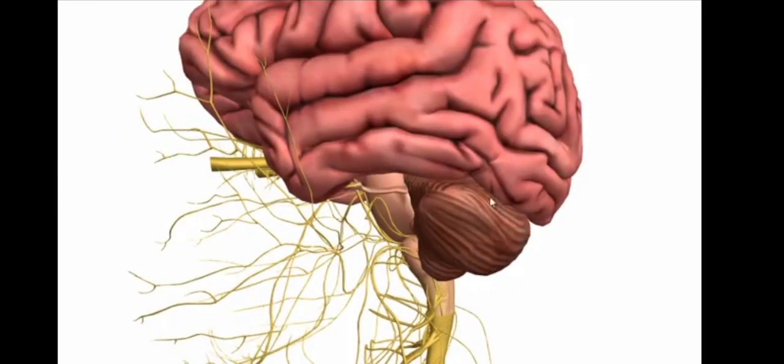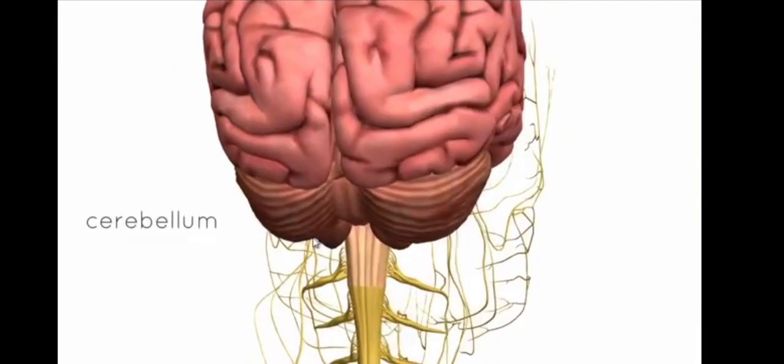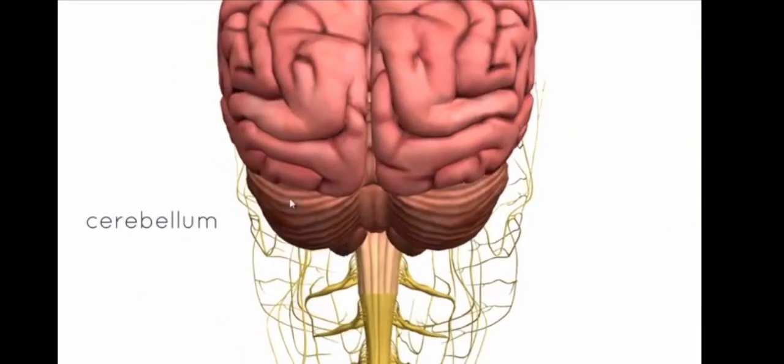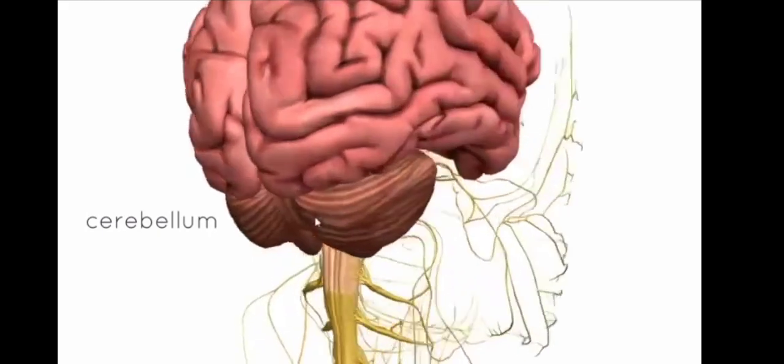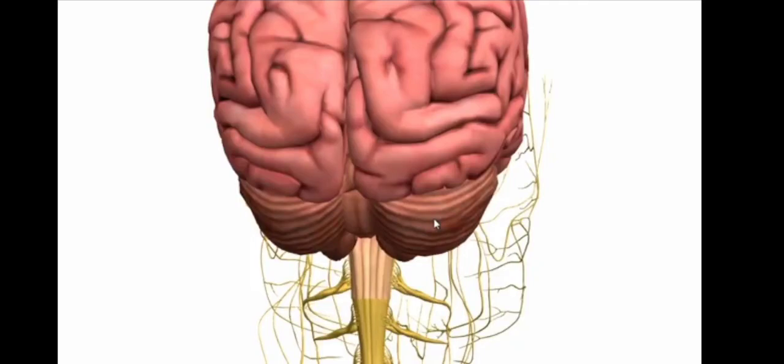Now here, this is the cerebellum, part of the brain which is seen behind the brainstem. It has two lobes, the right and the left lobes. Cerebellum means little brain in Latin. It is seen behind the brainstem, below the cerebrum.